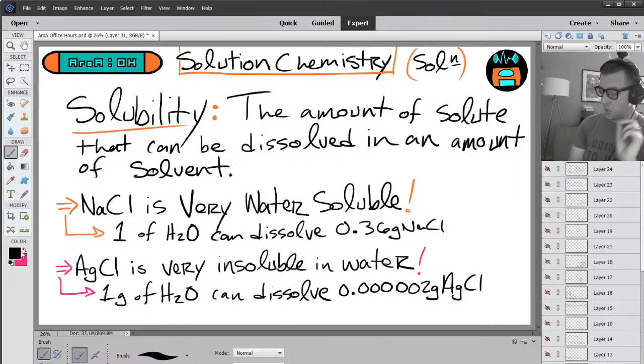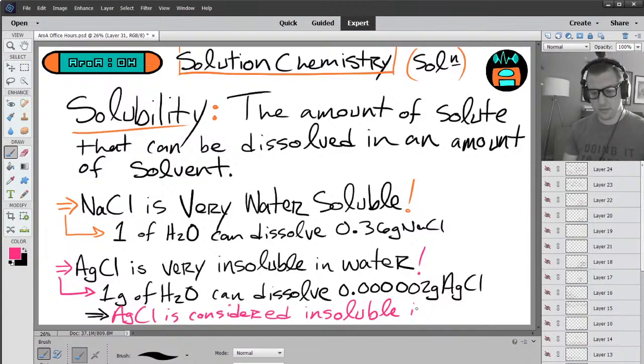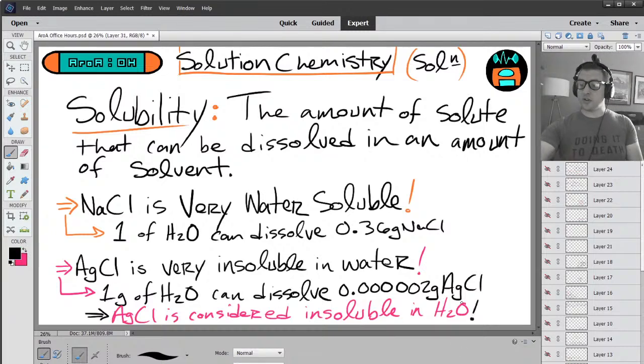The solubility of silver chloride is so low that silver chloride is considered insoluble in water. All right, so these are two examples of the wide range of solubility that you find.